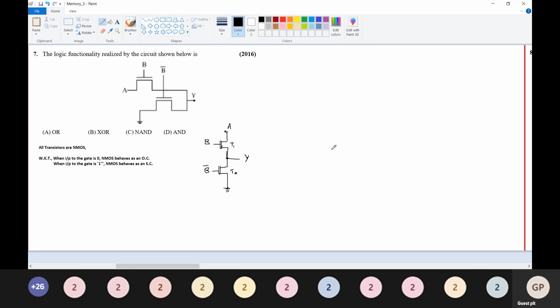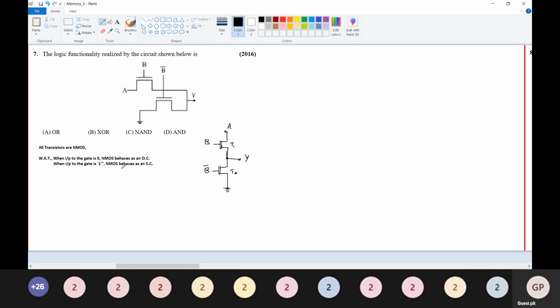I have redrawn the circuit like this for easy understanding. So these are the two terminals B and B dash, and A, and this is the output terminal Y.